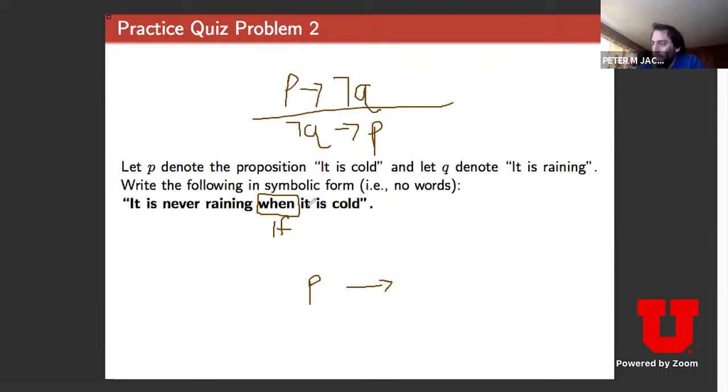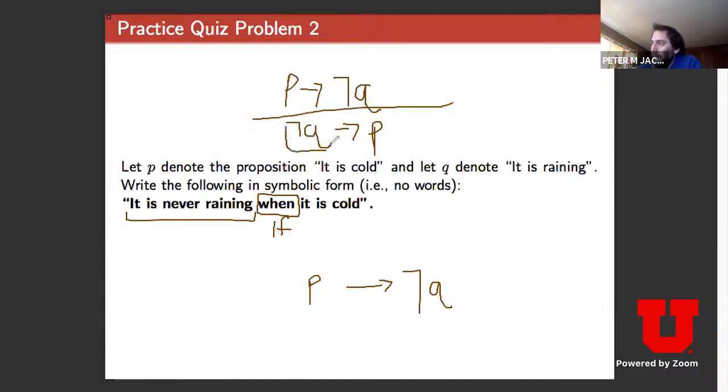And then the consequence is that if it is cold, then it is never raining. Recall that Q is it is raining. So it is never raining, or this idea of it is not raining, is the opposite of it is raining. So that's not Q. So the first one, P implies not Q, is correct.